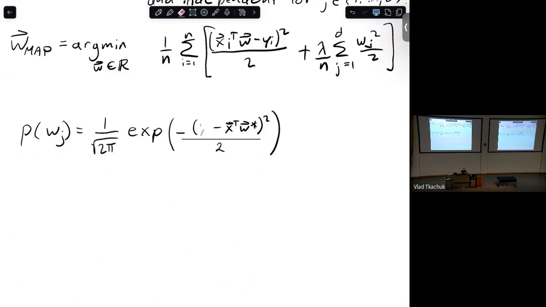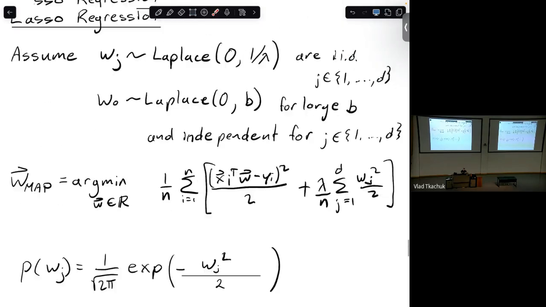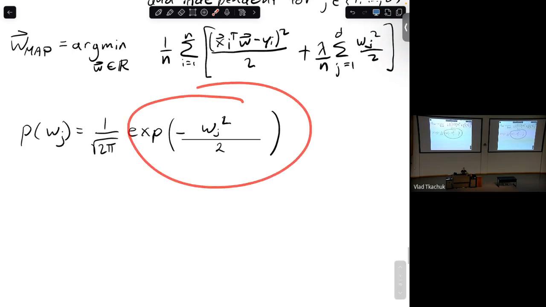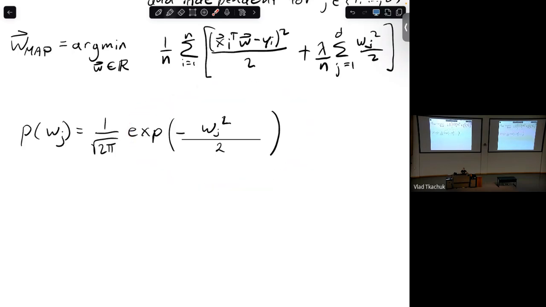Remember on Wj we had this kind of assumption, which was that it was zero mean. And this was the version for the normal distribution. Well, for the Laplace, it just is changed to this. That's the definition of its PDF, if I recall.